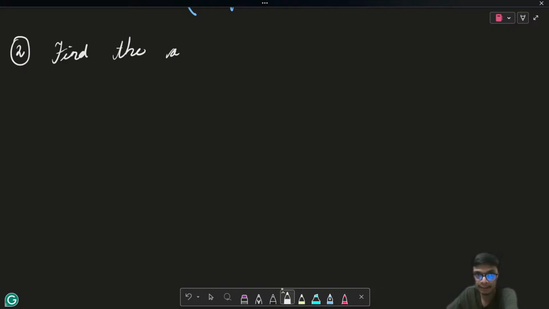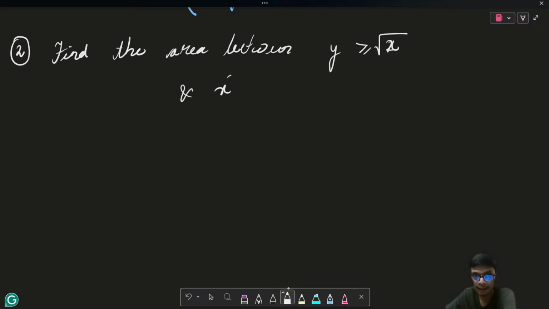Here we have to find the area between the curves. Instead of giving you the curve equation, it is giving you inequalities. y is greater than square root of x, and the other inequality is x square plus y square is less than 2.